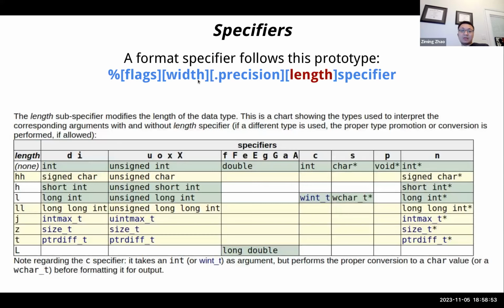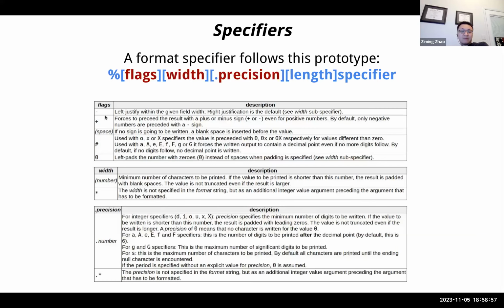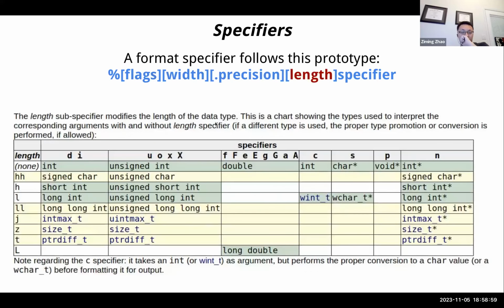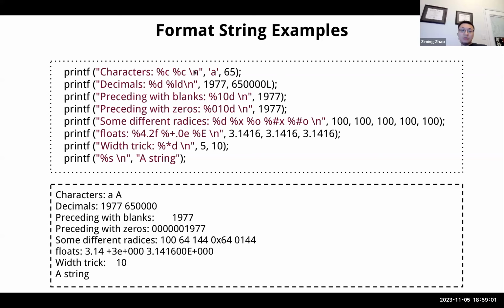That number is the width. It also is not a flag, because only certain characters are valid flags. So that's the width, which means I'm going to print out 10 characters for it. In this case, the number itself is only 4 characters, but we're going to print out 10.